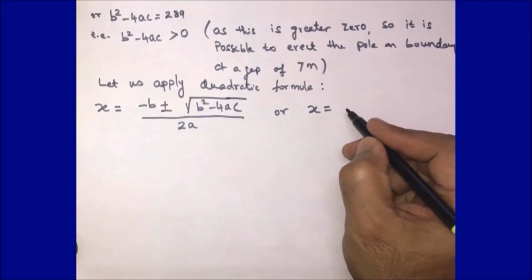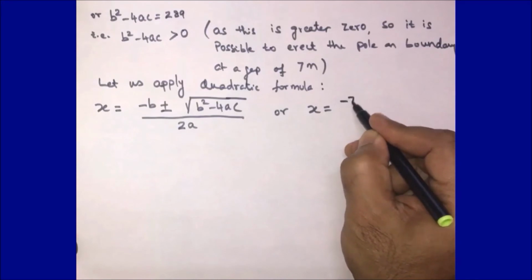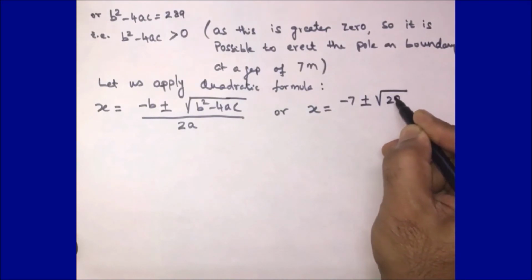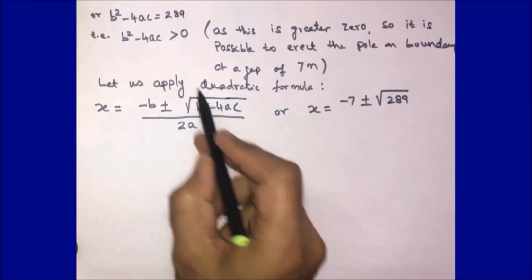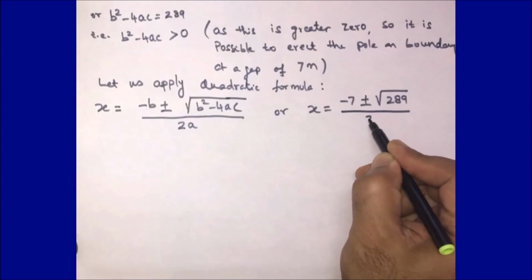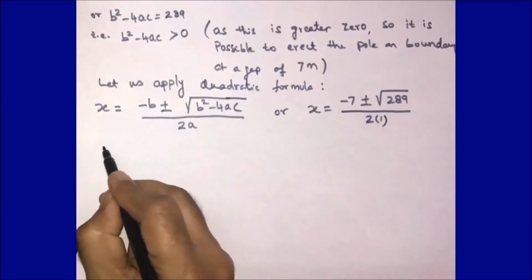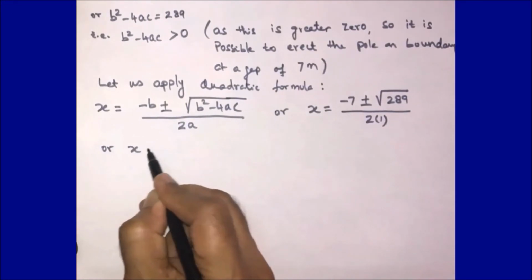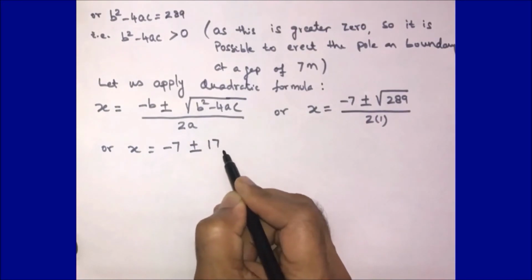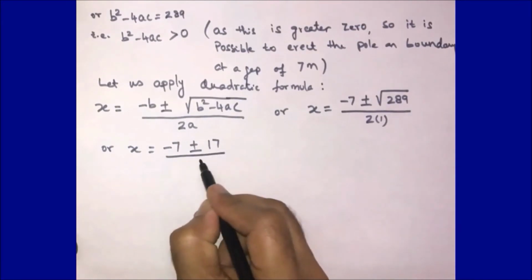As our b is 7, I can write minus b as minus 7 plus or minus root over 289, because b square minus 4ac we got 289, upon 2a. A is 1. So x is equal to minus 7 plus or minus 17, since root over 289 is nothing but 17, upon 2.